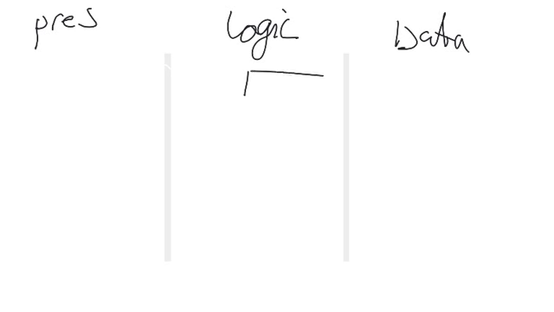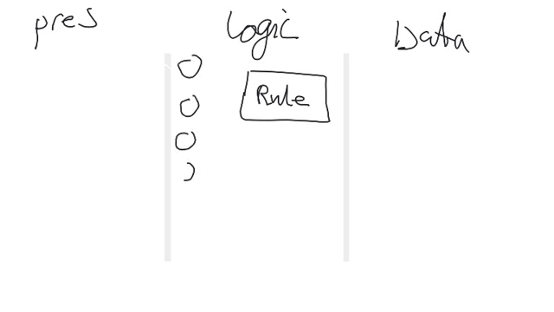So a subcomponent like the rule manager or state manager will help us have some kind of abstraction over the rules. At the same time, we're going to have some logic which will be seen by the presentation tier.